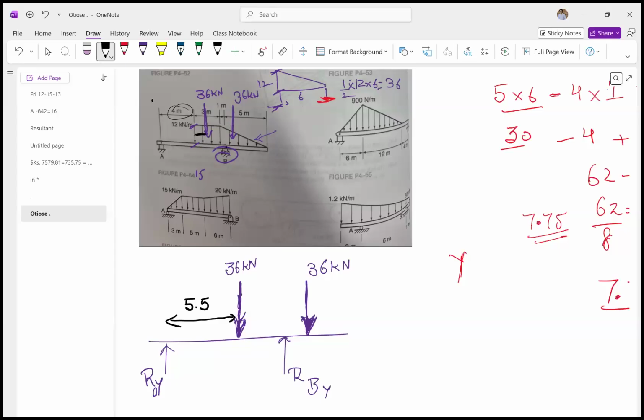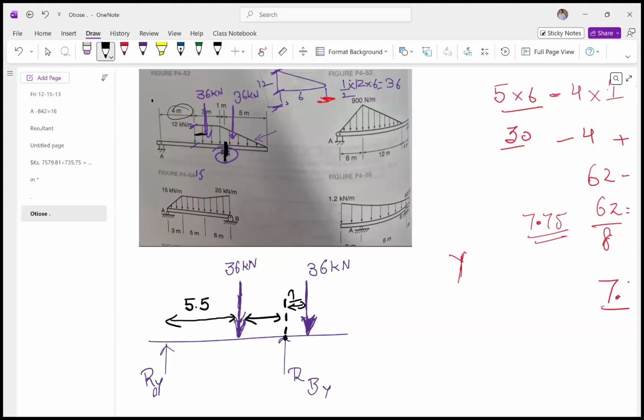and then this is RB. So the distance from here, from this point, is 1. This is 1, and what other distances are there? Yeah, that's pretty much it, I guess. So this will be 2.5.